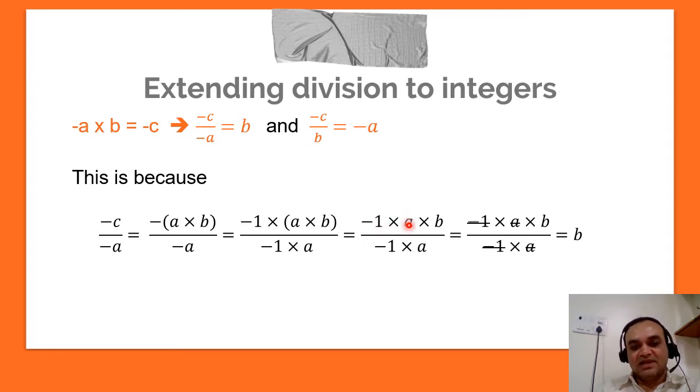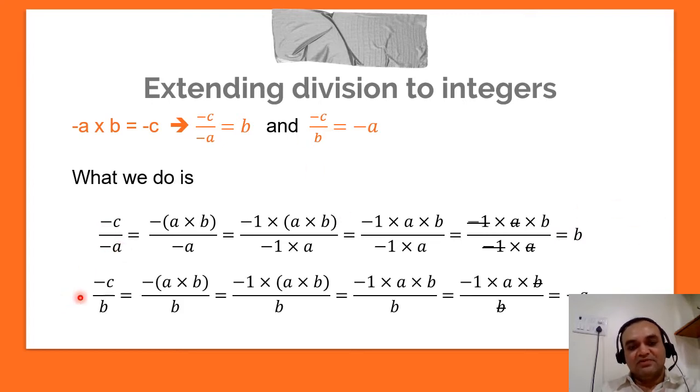In this step, I am just using associativity. I am just degrouping the multiplication, so I have written the numbers in plain order. And now I can cancel the common factors. I can cancel minus 1 and I can cancel a here and I'm left with b. And that's how minus c divided by minus a is b.